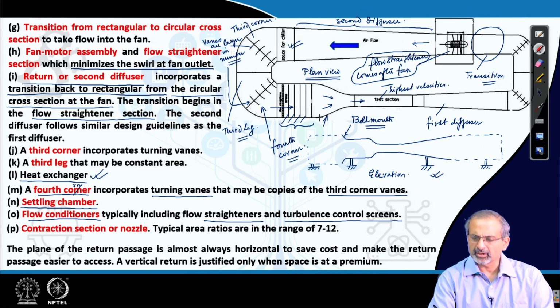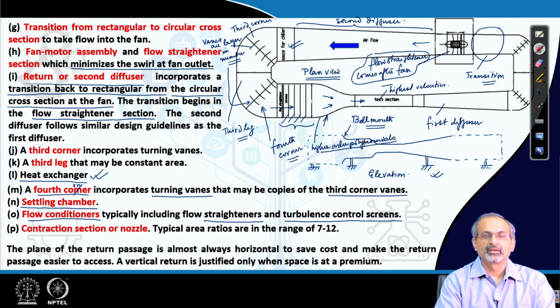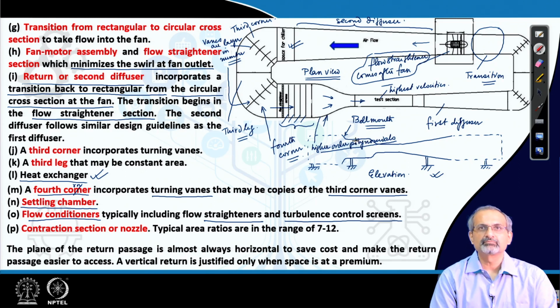Usually, higher order polynomials are often used for defining the contour of these contraction sections, and typical area ratios across a contraction section would be between say 7 to 12. These are ballpark numbers which are coming from widely practiced design principles.